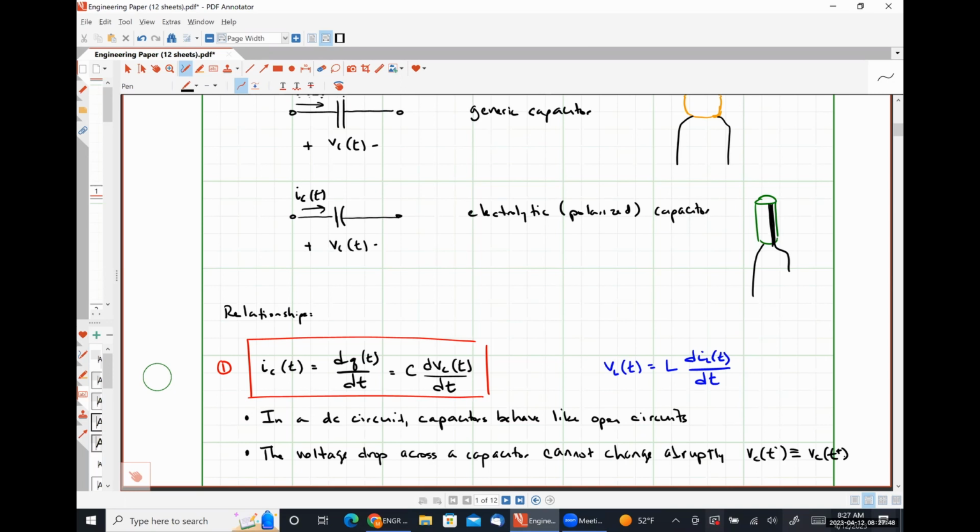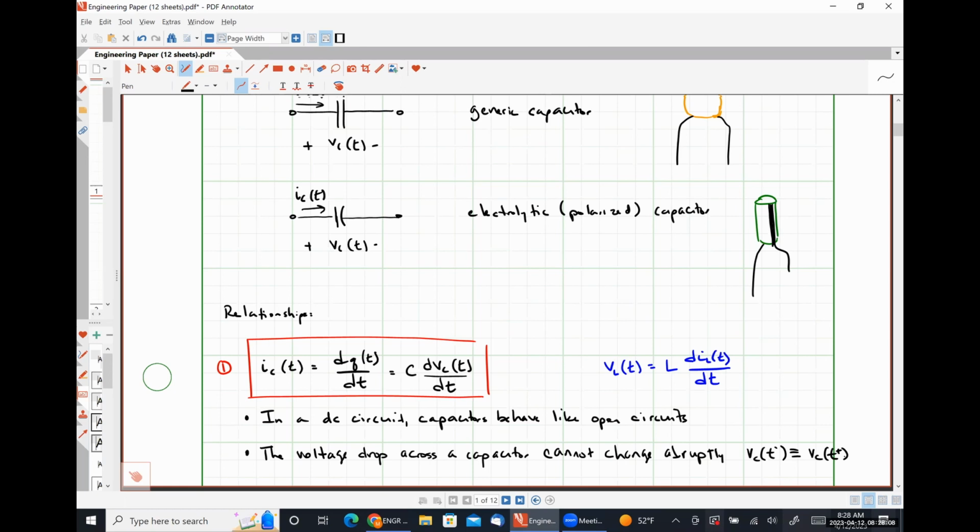Again, I cannot stress this enough. Literally every single relationship that we're going to have is the exact same thing, except you swap current and voltage and replace all your L's with C's and vice versa. Okay. So I think we're good on our derivative-based relationship here.